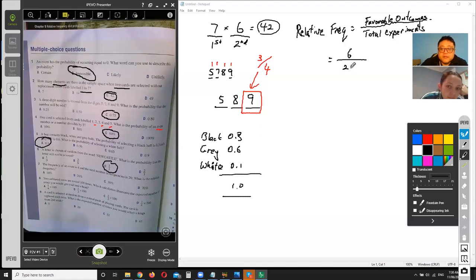Then we turn that into a percentage by multiplying by 100. That's 30%, which is correct. I'm going to make this slightly bigger.